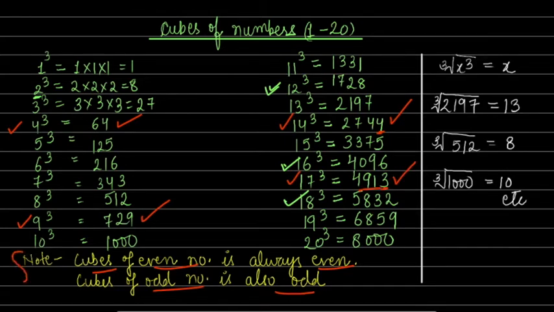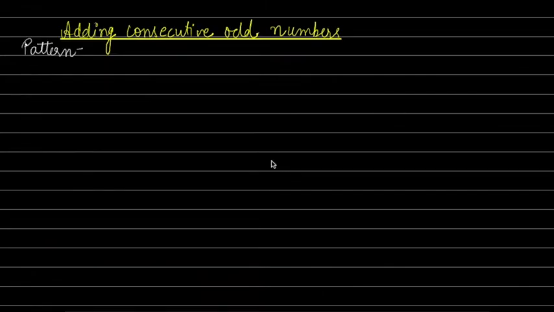So we can conclude that cubes of even numbers are always even and cubes of odd numbers are always odd. Okay.